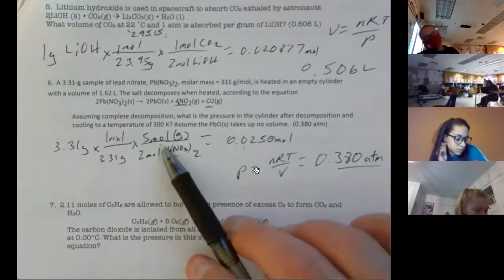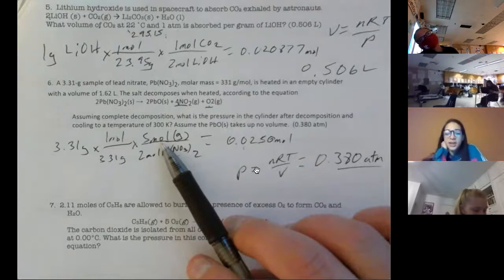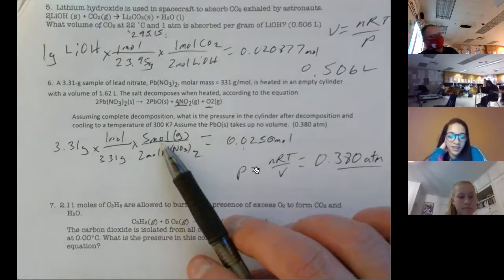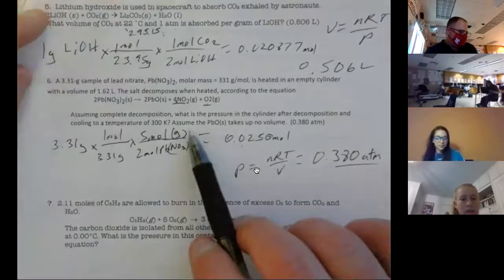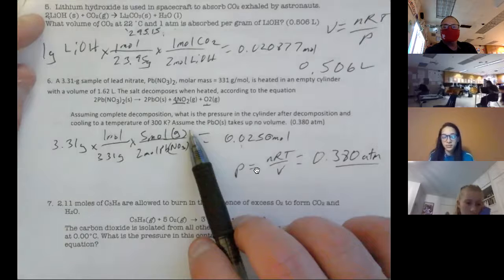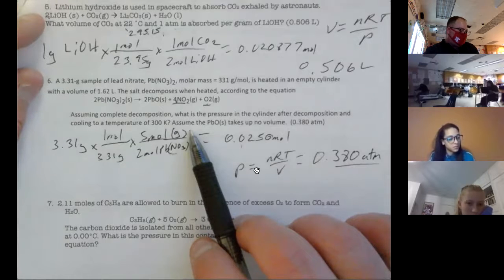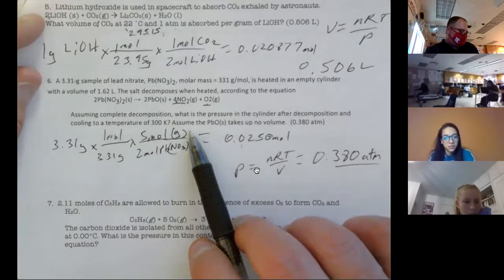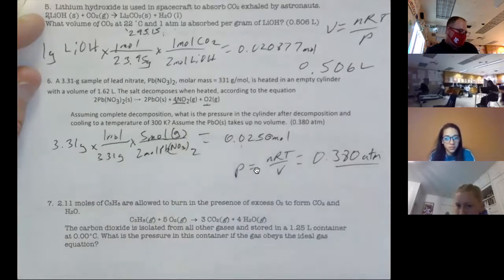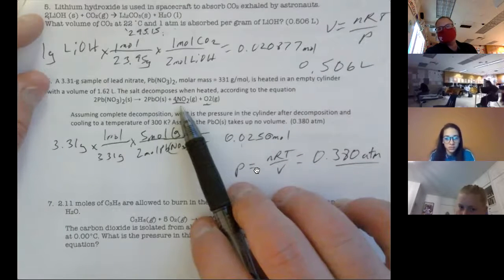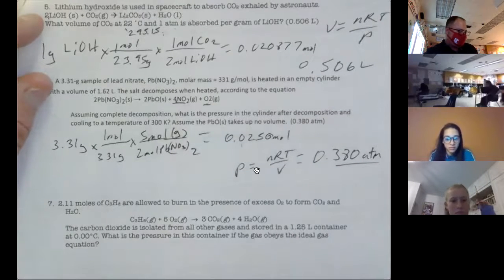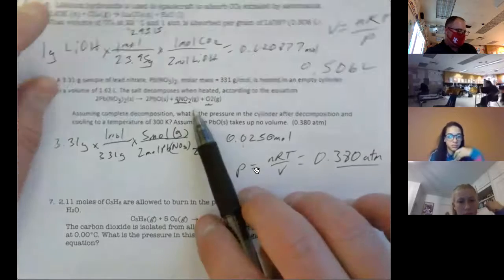Was it the 5 moles that got you? Yeah, right. That's the trickiness. When do you know to only use the gas moles? It doesn't say anything about what is the pressure of the NO2, or anything about a specific thing on this one.